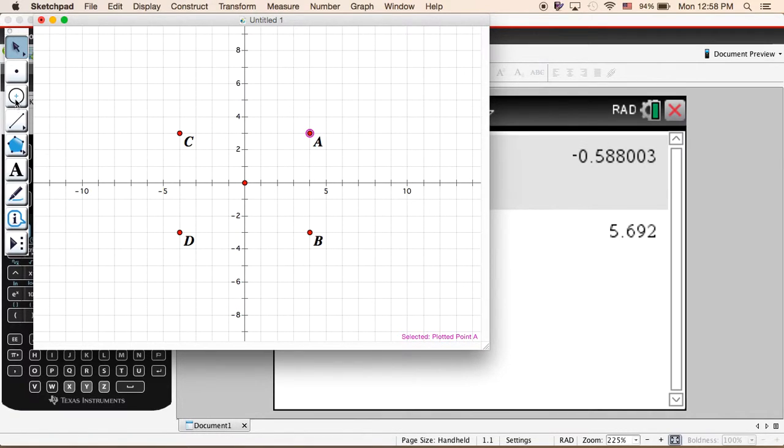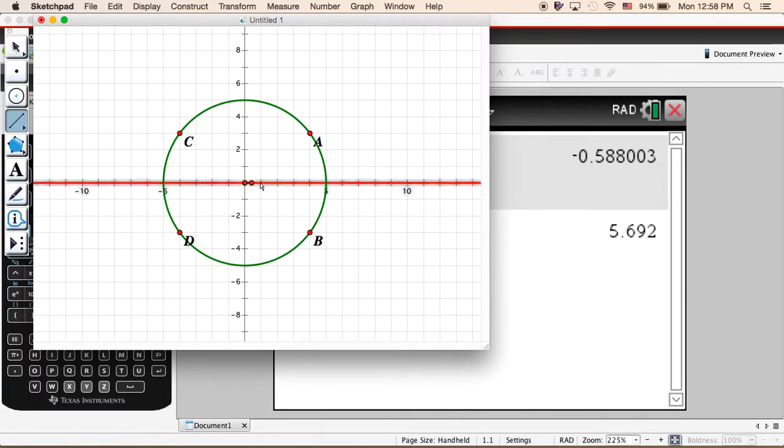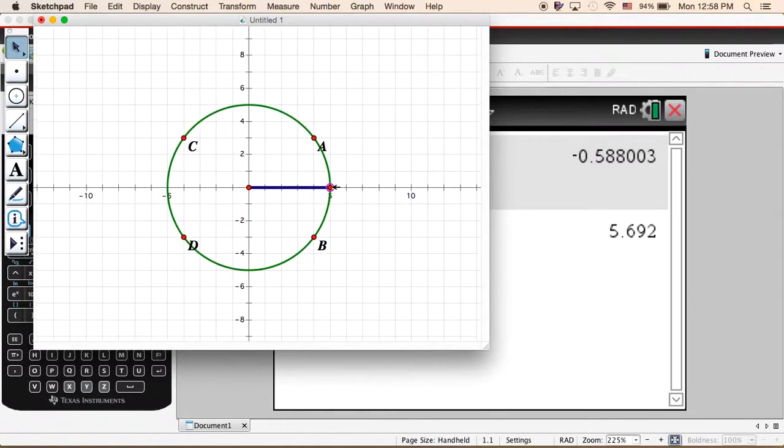So let's kind of make a circle out of it so that we can see how much it travels.